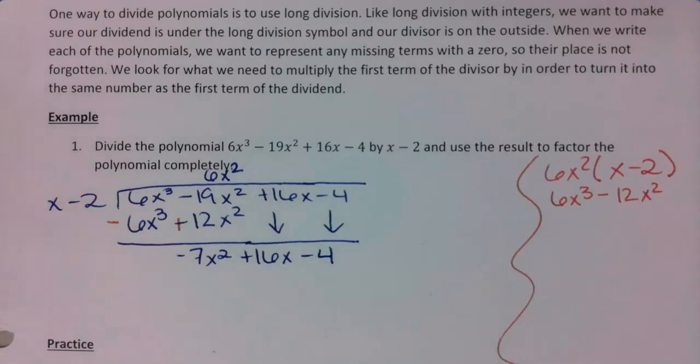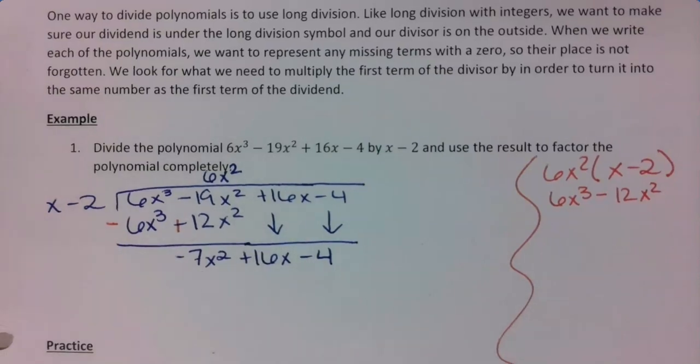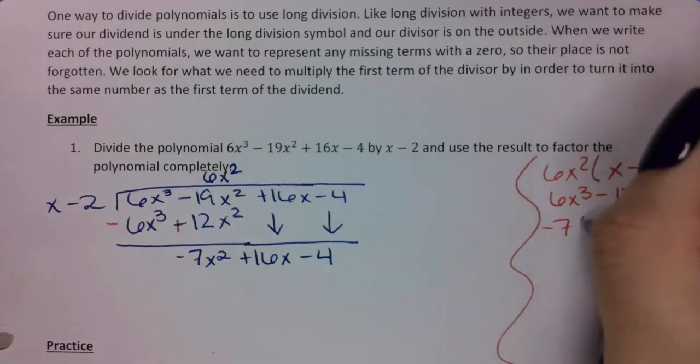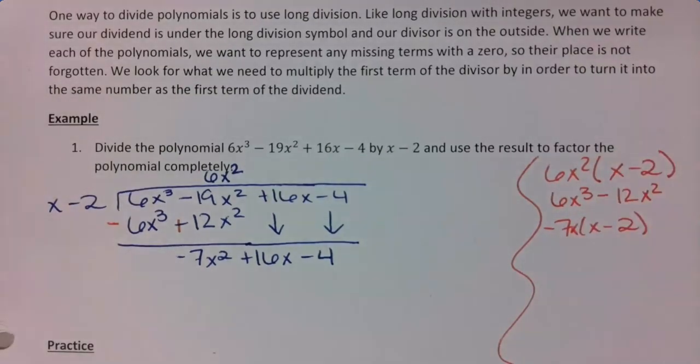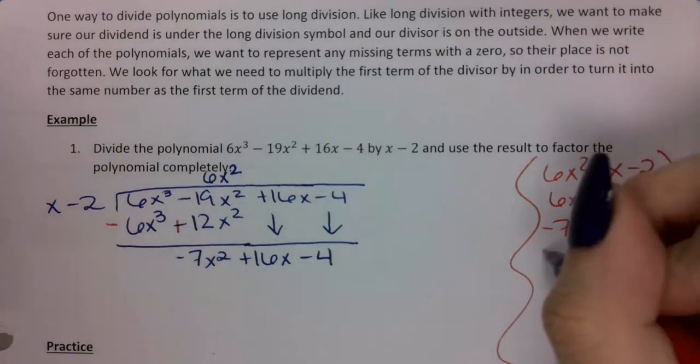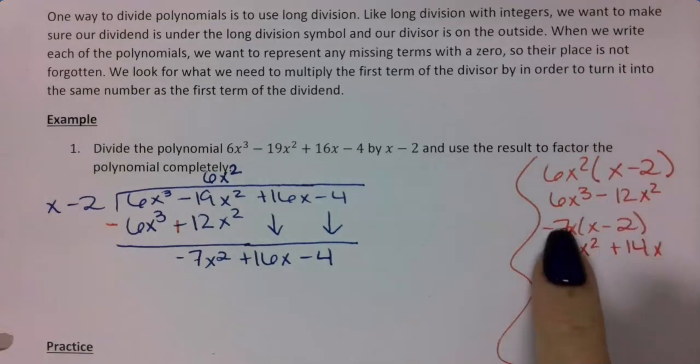Okay, so now I want this x to match negative 7x squared. What do I need to multiply by? Negative 7. So negative 7x times x minus 2. So first thing I want to do is write the part that I multiplied by up here.